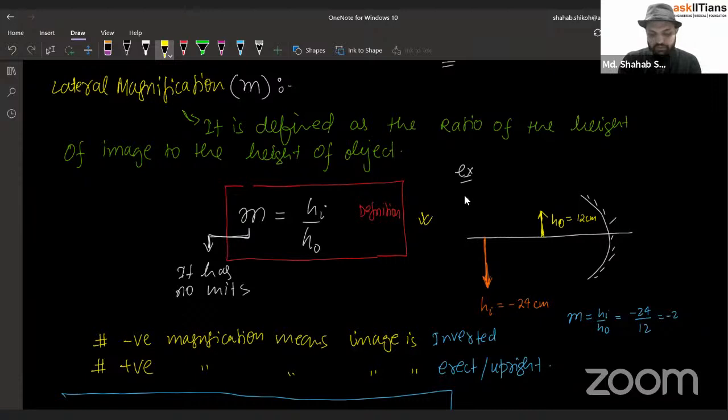It is good for image formation by a spherical surface, by a curved surface, image formation by refraction, reflection. Anyway, this is the general definition of magnification, which is equal to the height of the image to the height of the object. Is that clear?